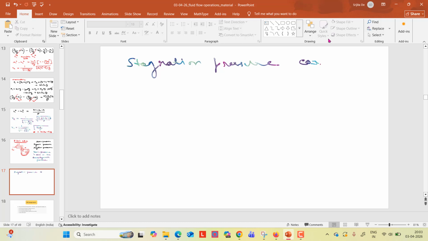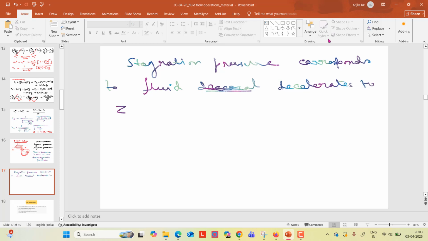Stagnation pressure corresponds to the fluid decelerating to zero. That means it completely comes to a halt. Zero velocity.